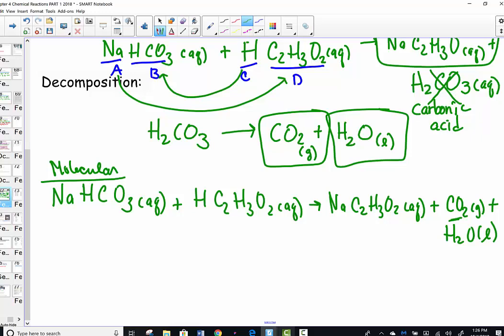What would the net ionic equation look like for this particular reaction? Now remember, we're only allowed to break apart strong electrolytes, and we've been working hard at recognizing strong electrolytes. Any soluble salt is a strong electrolyte.